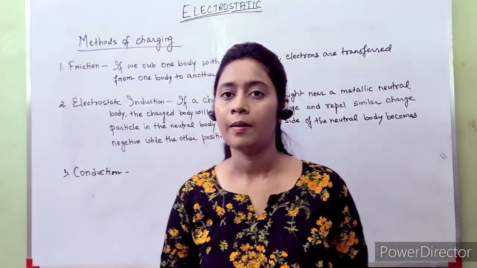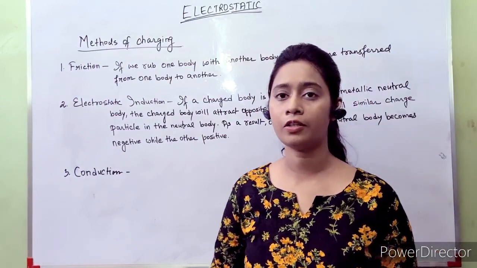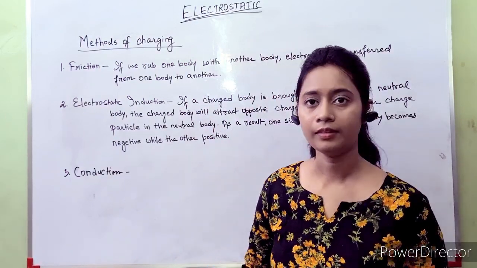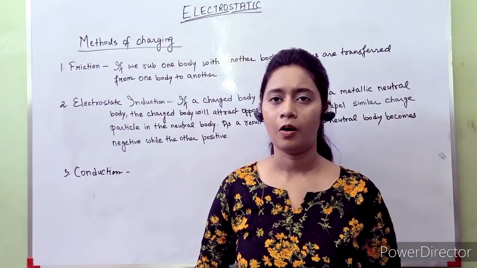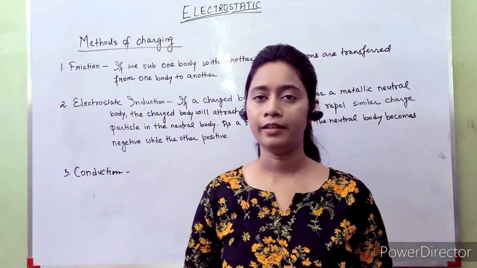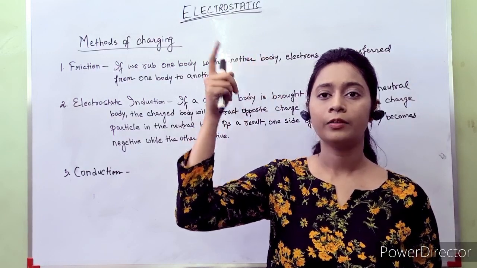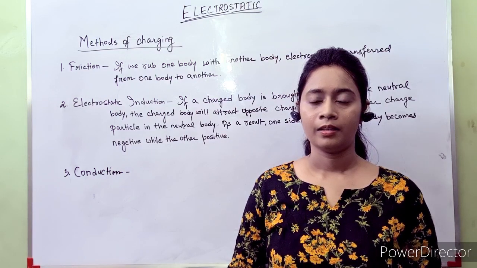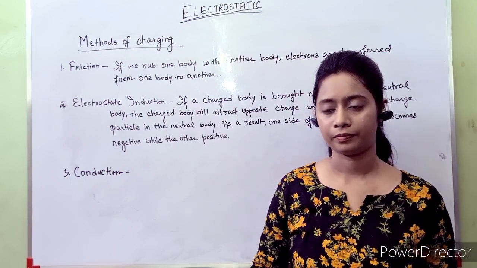Now, methods of charging. There are 3 methods of charging. Friction. Have you ever wondered, when we comb our hair on a dry winter day, the hair starts sticking to the plastic comb? This is because of the accumulation of charge.